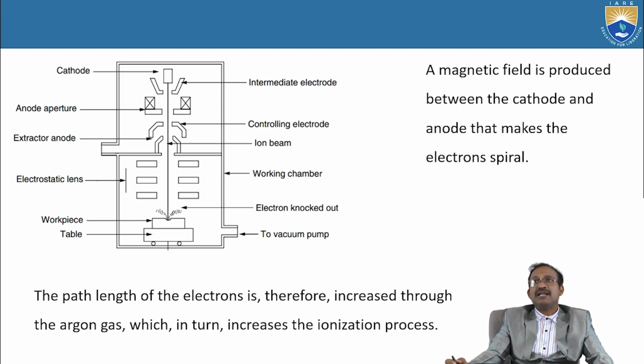Now a magnetic field is produced between the cathode and anode that makes the electrons spiral. Here the cathode is negative and the anode is positive, so the electrons will flow from the cathode to the anode. The path length of the electrons is therefore increased through the argon gas, which in turn increases the ionization process.